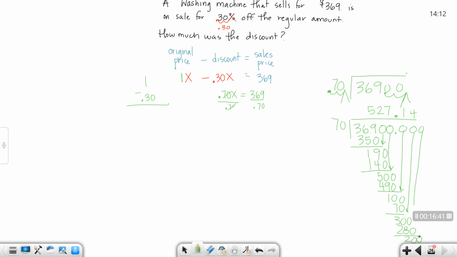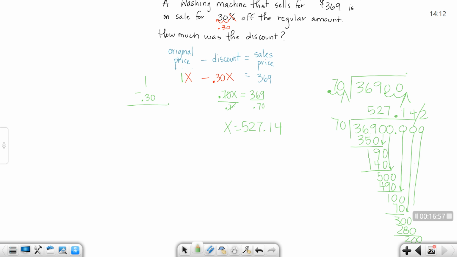Okay, so when we divide this one out, that's going to be 2 times. So that's not going to round it up. So x is going to equal 527.14. But the question didn't ask you for the original price.